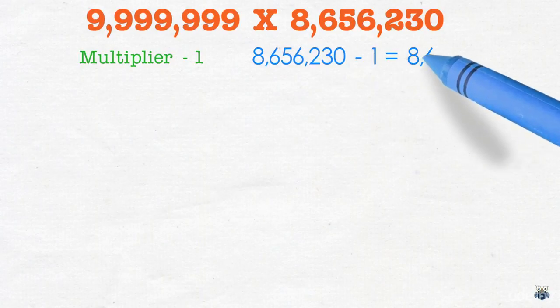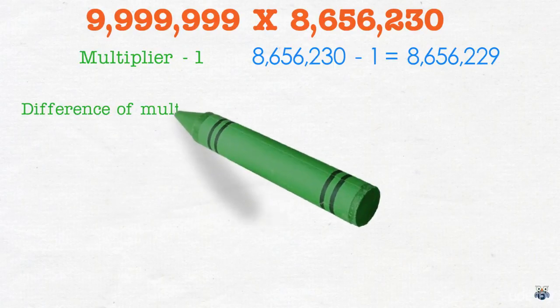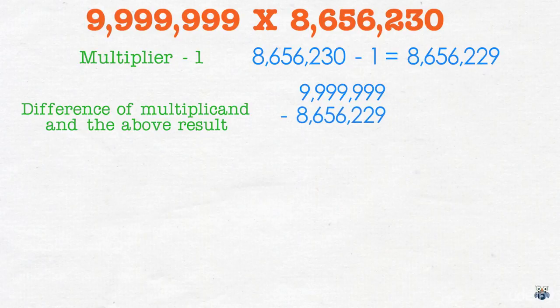This gives us 8,656,229. The second part is the difference of the multiplicand and the above result. We thus subtract 8,656,229 from 9,999,999. Let's do this together, shall we?